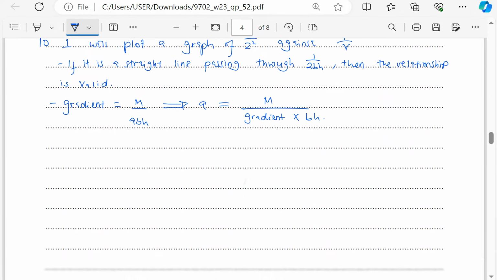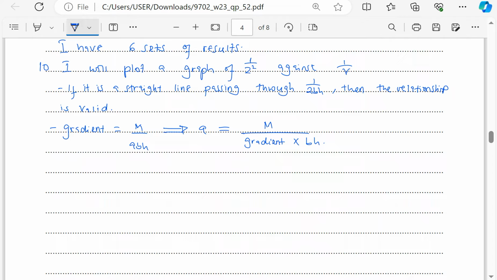And for the y-intercept, you tell the examiner that the y-intercept was equal to 1 over 2bh, which implies that b is equal to 1 divided by twice h times the y-intercept.